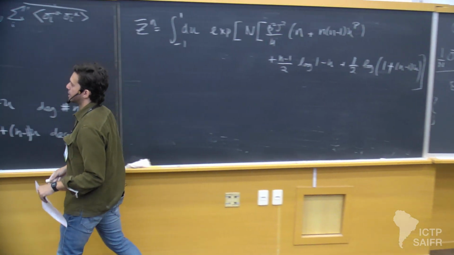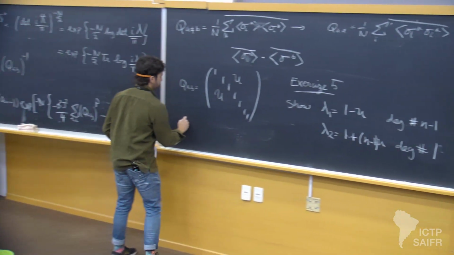So this kind of matrix, we call it a replica symmetric matrix.